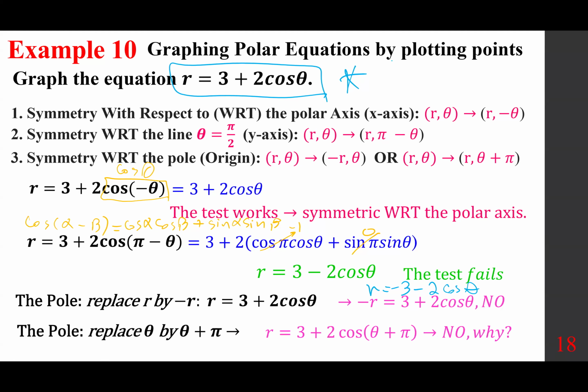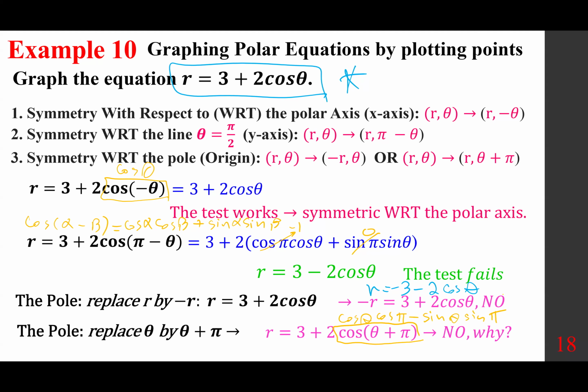I hope you recognize this as cosine theta cosine pi minus sine theta sine pi.